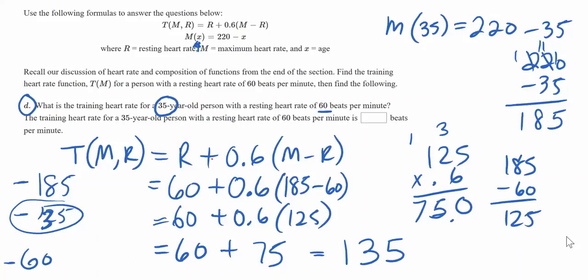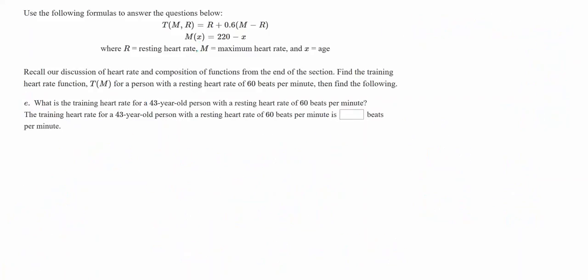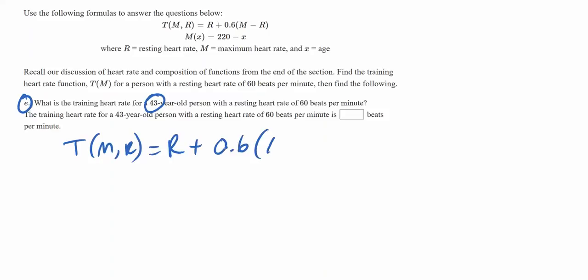Okay, so again, C, D, and E, they're all really the same type of problem. We're just going to change the years on the person here. So for E, now we've got a 43-year-old. And writing down the formula again real quickly, this is R plus 0.6, a function within a function. And resting heart rate is 60.